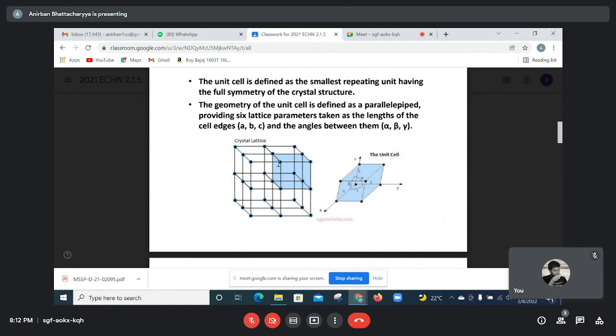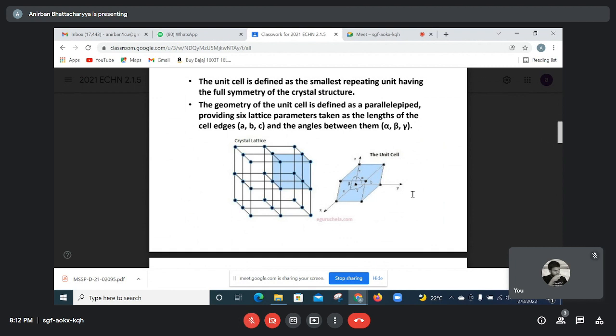Now, at each position of that unit cell, at each corner, you could have a single crystal, or you could have a single atom, or you could have two atoms.